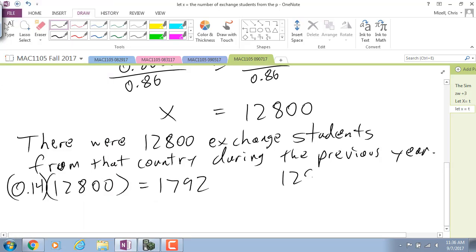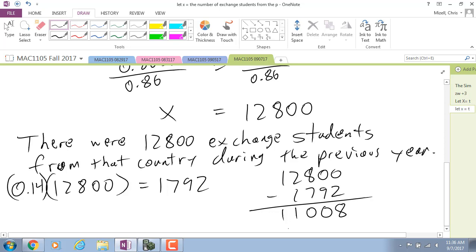If we take the 12,800 and reduce it by that 14% decline, did I borrow one from that too? I don't think so. It's down to 11,008. Okay, checks out there.